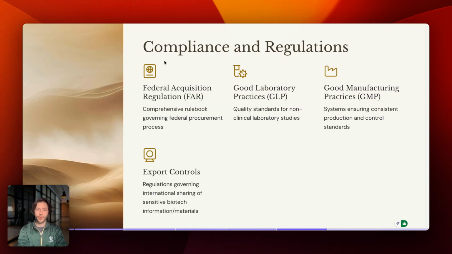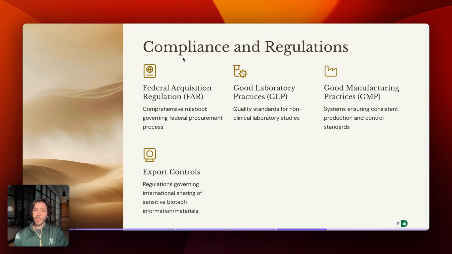Now, this is very important. A lot of companies disregard or overlook compliance and regulations. With biotech specifically, there are the Federal Acquisition Regulations, a comprehensive rulebook that governs the entire federal procurement process to make sure everything is equal and processed the right way.